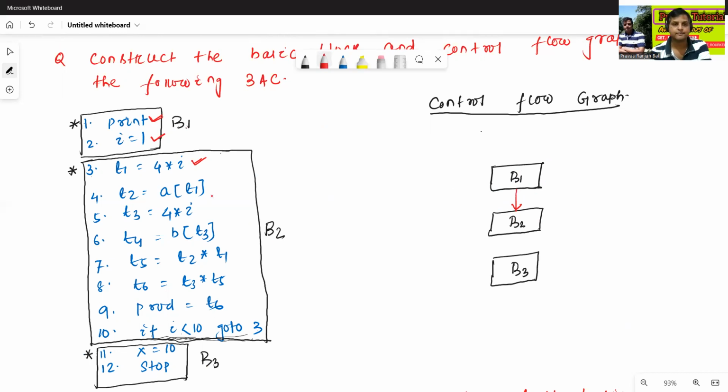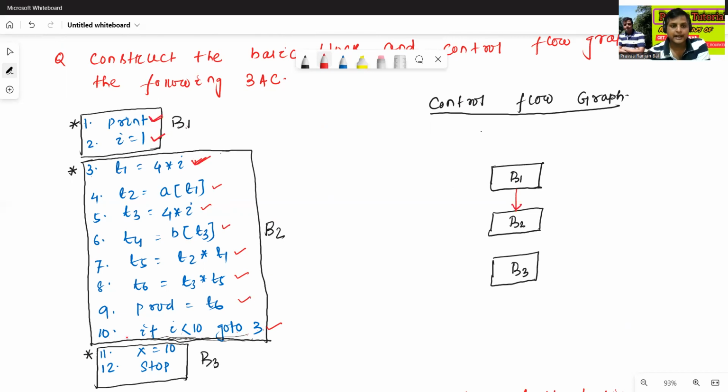Now we'll see. Then we'll execute line number 4, 5, 6, then 7, 8, 9, then line number 10. Suppose in line number 10, my condition is true, then we'll go directly to line 3. 3 means the third statement.